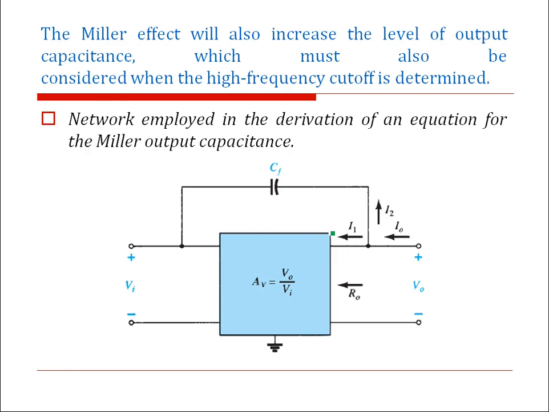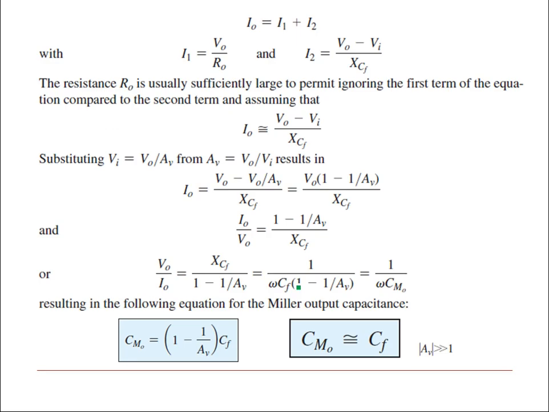Now, how is this Miller effect capacitance going to affect the output capacitance? So here you see the network employed in the derivation is the same. You are considering the output. So V0 is here and output resistance is R0, and I0 you have I2 and I1. You are observing from the output side. So AV is V0 by Vi.